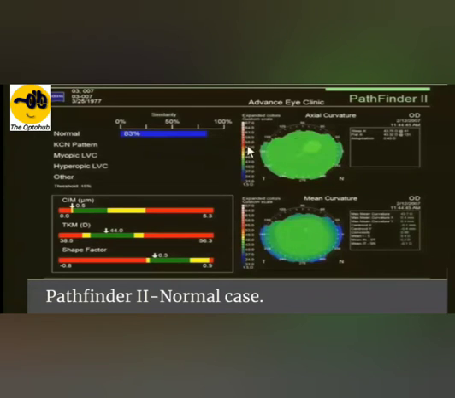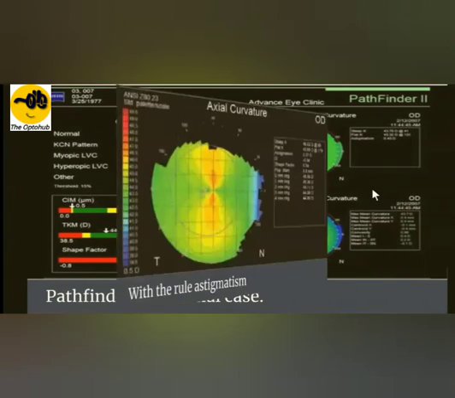We are not seeing too many warm or too many cold colors, just the normal colors. On the mean curvature as well, we are not seeing any abnormalities. Hence it has been stated as 83% normal. So there are 83% chances that this cornea is normal. This is what the Pathfinder wants to say.